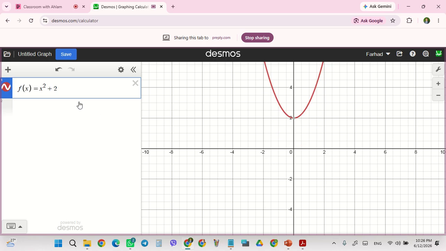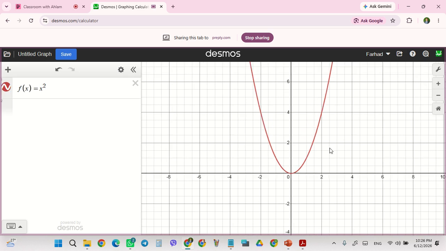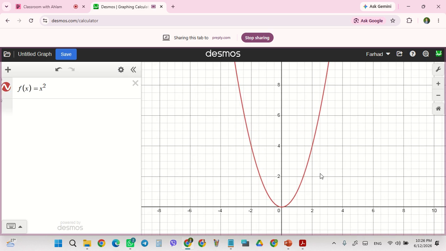So basically, if I show you the graph that is f of x equals x square, then it looks like this, right? Okay. So this is the basic function, that is a square function or quadratic function.